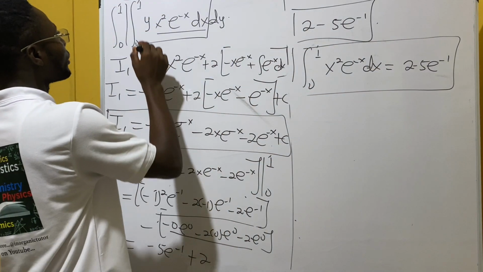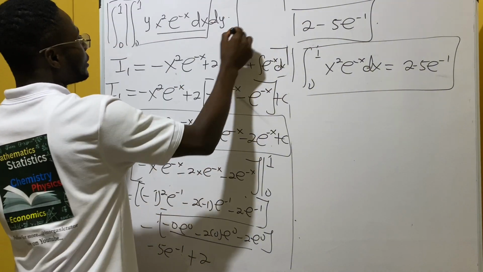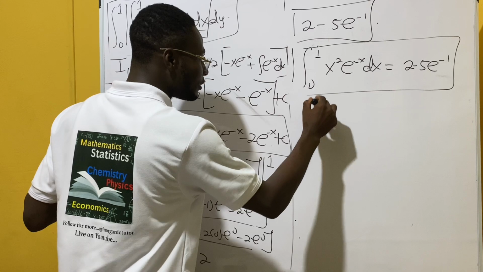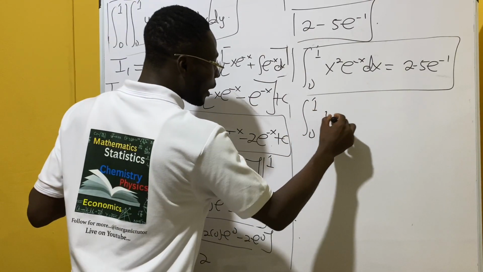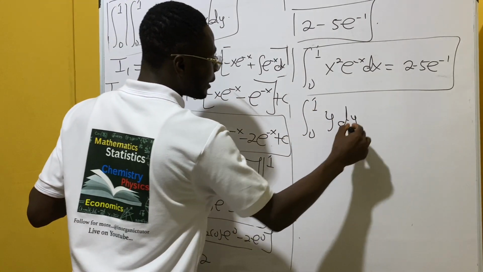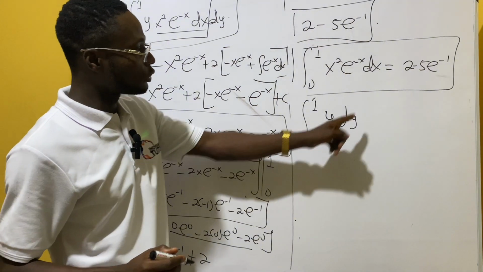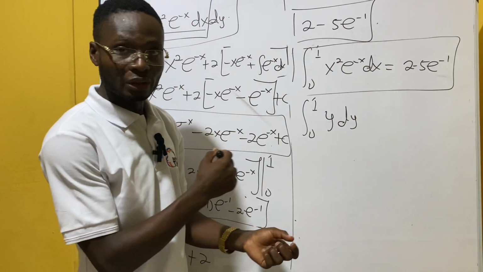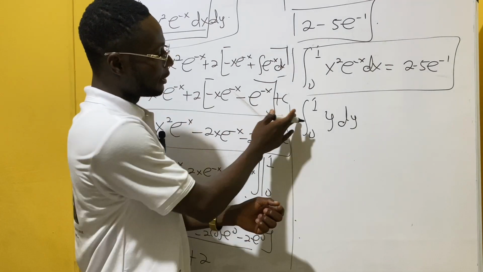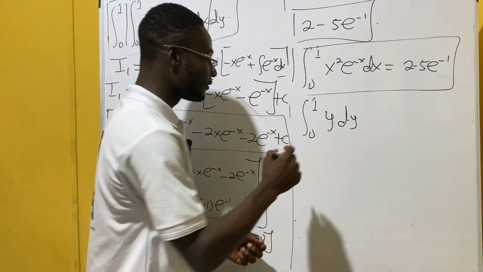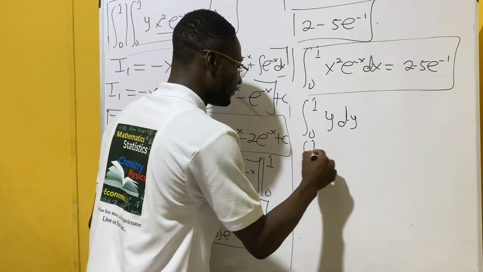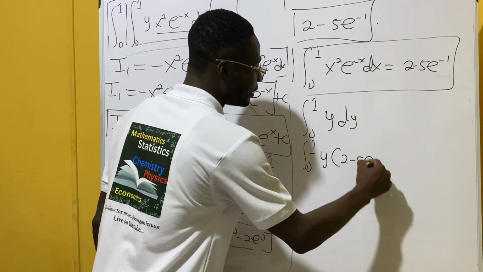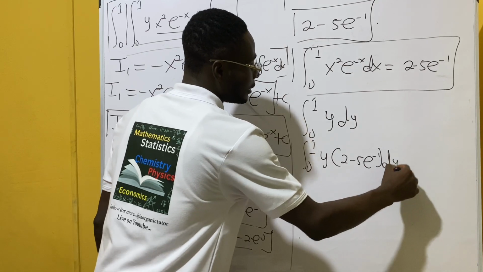Now we come to the outer function, from a limit of 0 to 1, y dy. We combine it with this. This is a constant, so we can put it in front of the integrand. So we have y times 2 minus 5 e power negative 1 dy.